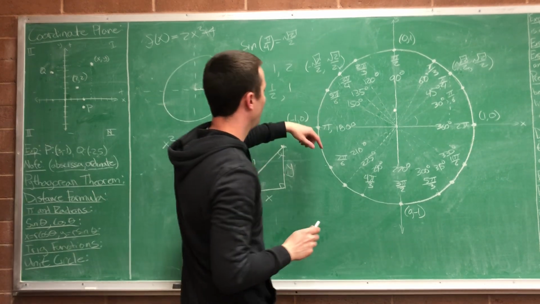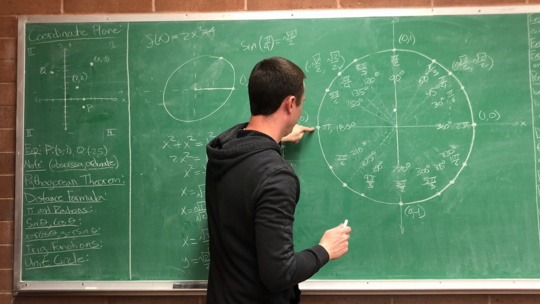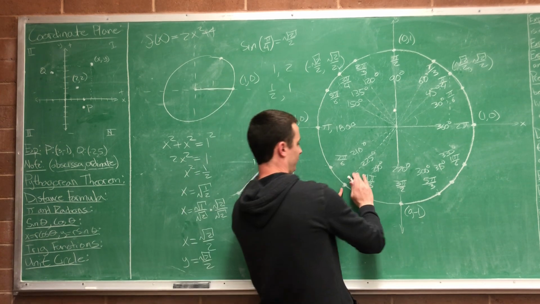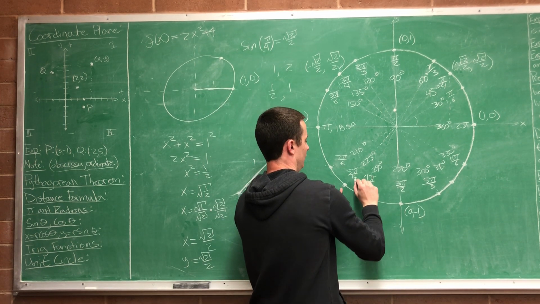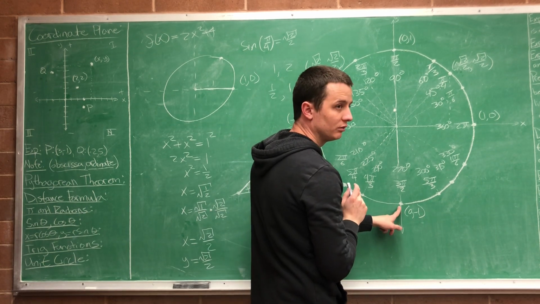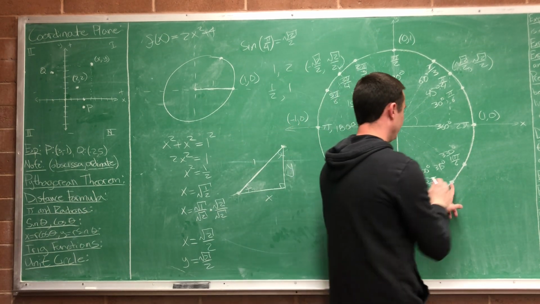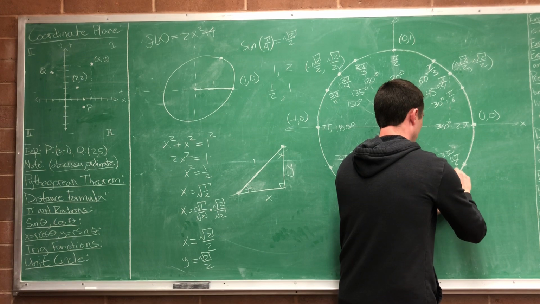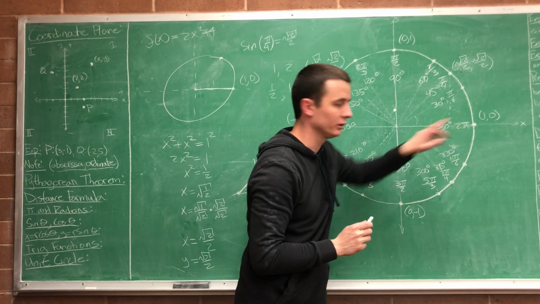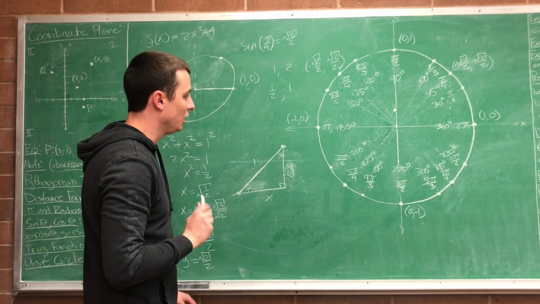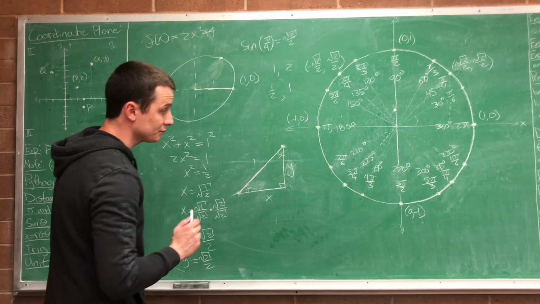And then finally, counting by fours, we have 3 pi fours, 4 pi fours, 5 pi fours, 6 pi fours, 7 pi fours, and then 8 pi fours. Okay, so we got all those plugged in.